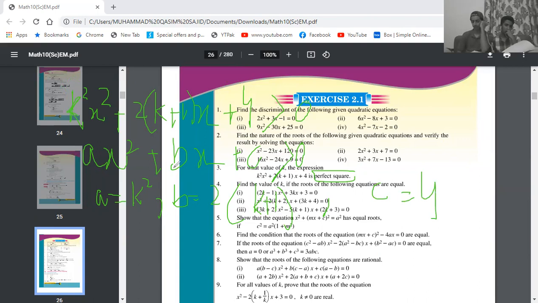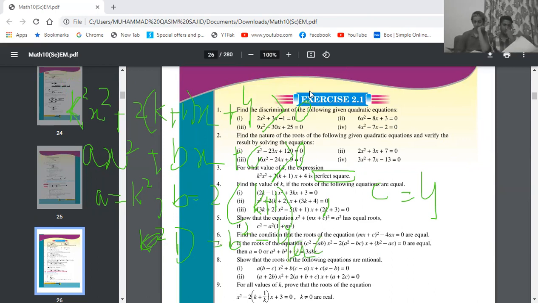So just find the discriminant first. The discriminant equals b square minus 4ac.